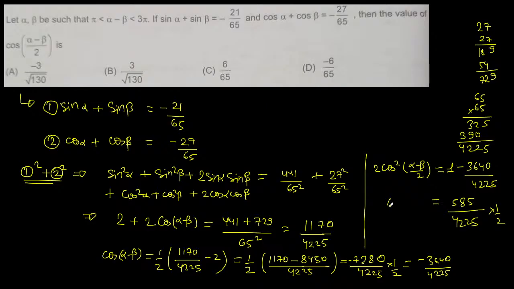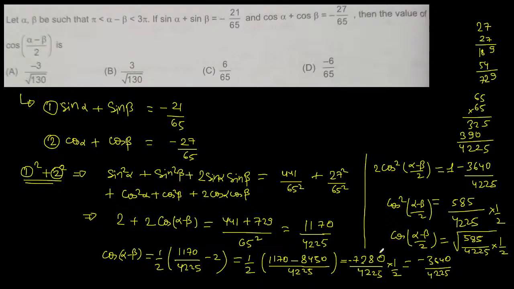So cos alpha minus beta by 2 is nothing but root under 585 over 4225 into 1 by 2.